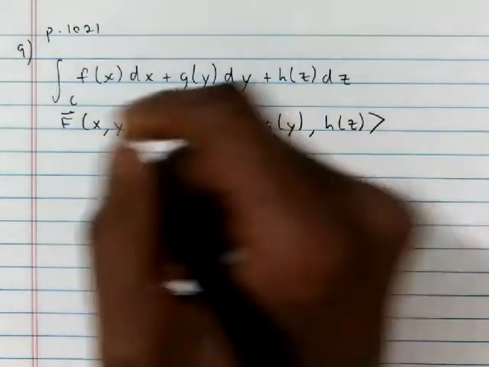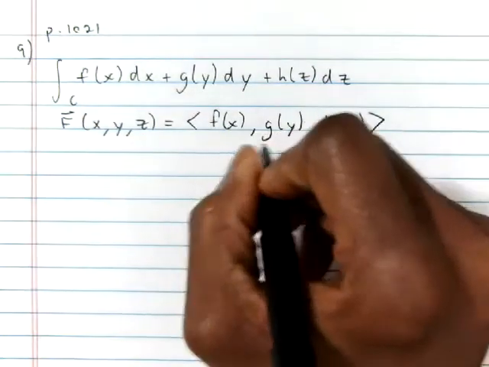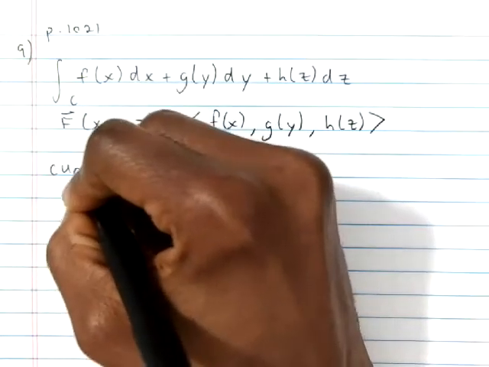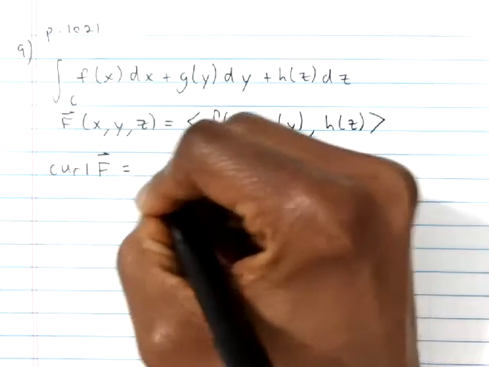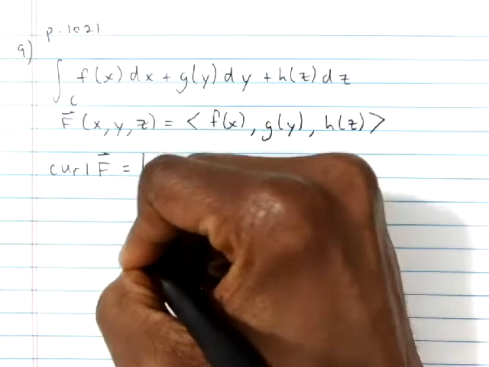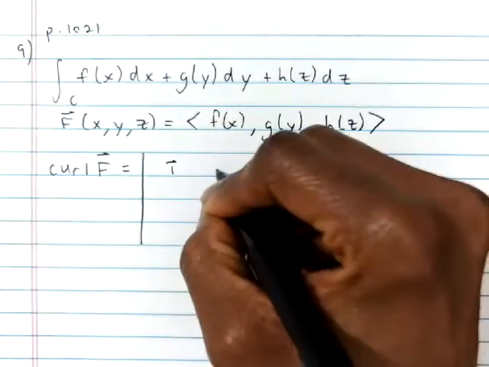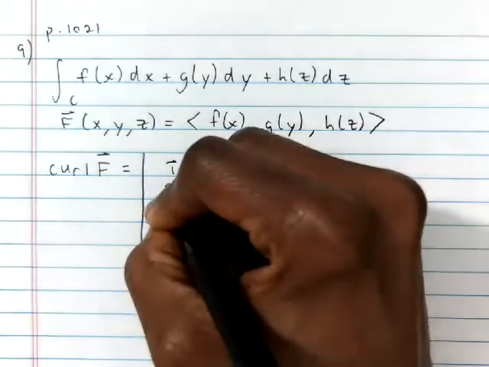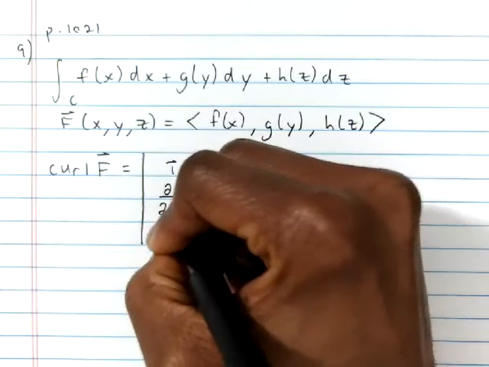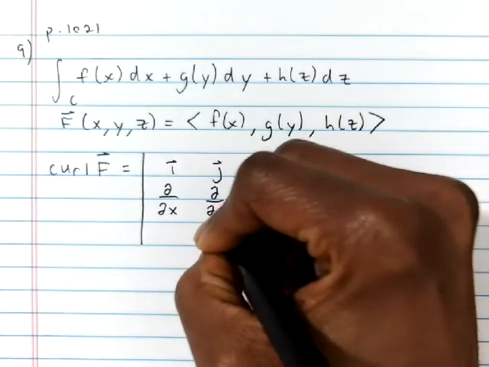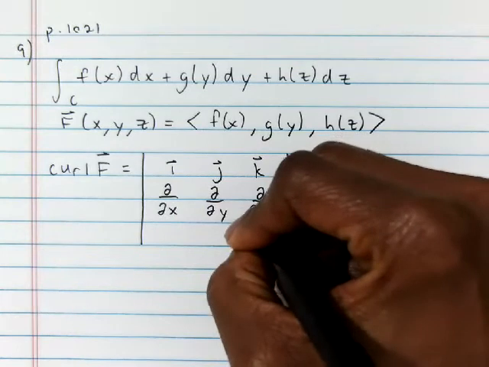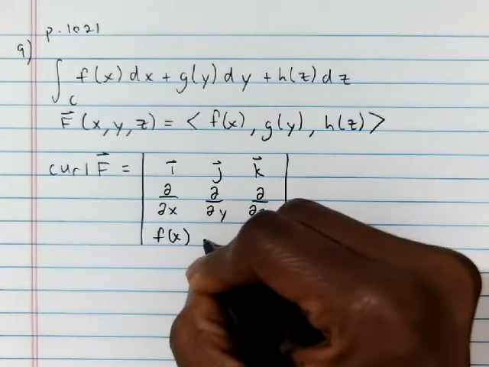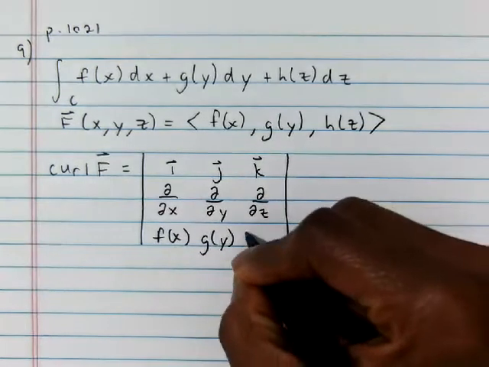Now let's look at the curl, and when we look at the curl, we'll see the partial derivatives of each one of these. So the curl of F is the determinant with i, j, k, partial with respect to x, partial with respect to y, partial with respect to z, f of x, g of y, h of z.